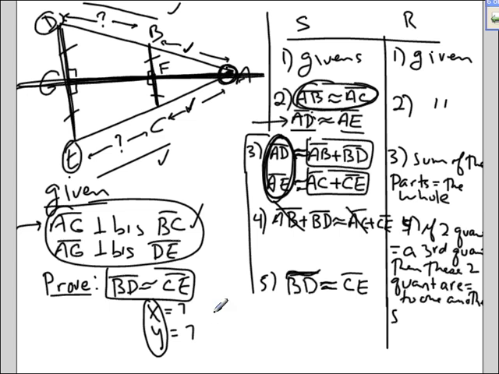And now the reason is, if you subtract equals from equals, the results are equal. Okay, that's that one, and that's going to finish this section.